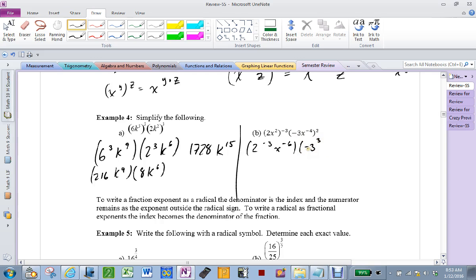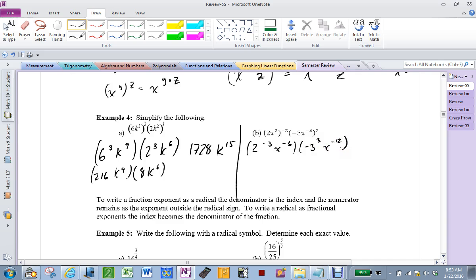What's negative here? The base. So is it going to move between denominator and numerator? No. And x to the negative 12.